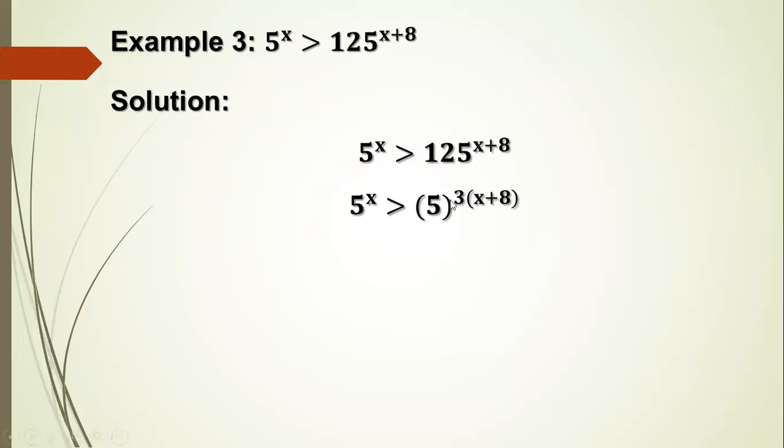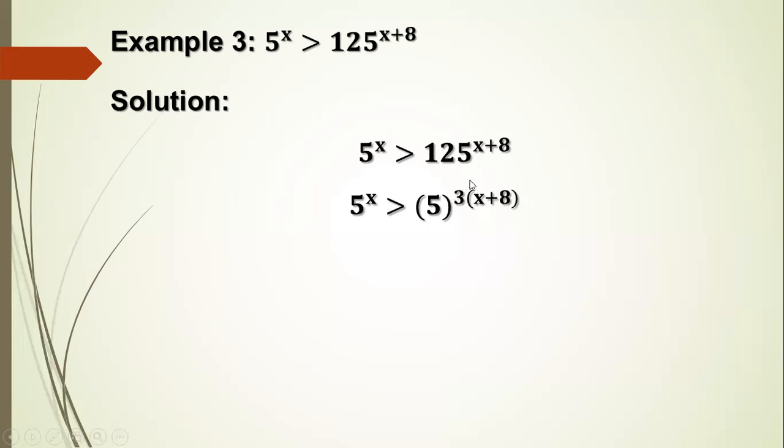By applying the one-to-one property of exponential function, since the left and right sides of the inequality now have the same base, we can eliminate the base and copy the exponents: x and 3 multiplied by x plus 8. Do not forget that when we simplify, we use the distributive property.